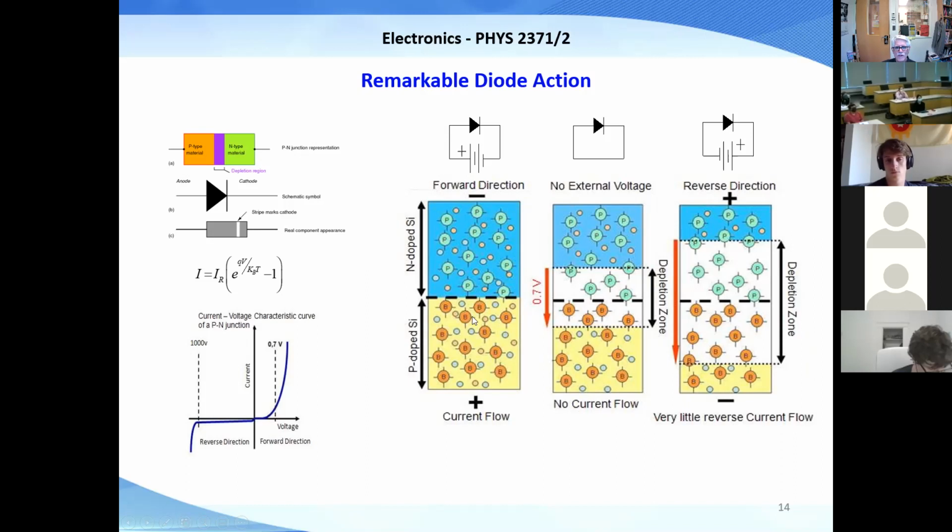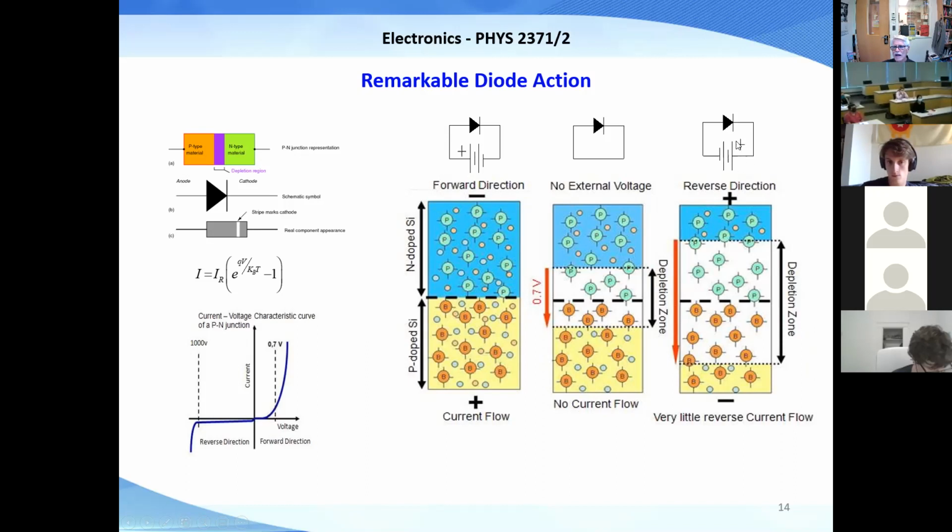Now you don't have the insulating region anymore between these two p-type and n-type materials, so electrons can flow. Holes can flow one way, electrons flow the other way. So this battery has closed up this depletion region.